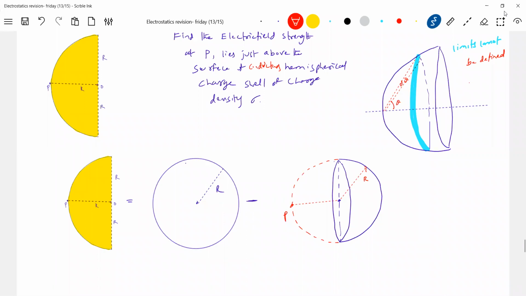The point P is here. Now due to this shell, there's a thin conducting shell. And what is this? A thin hemispherical shell.